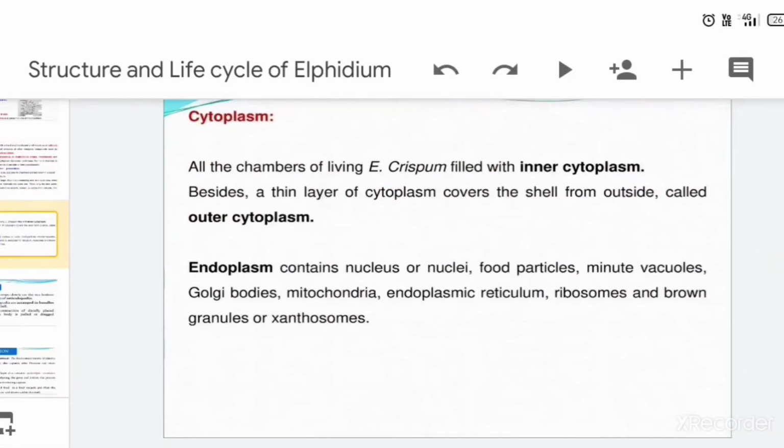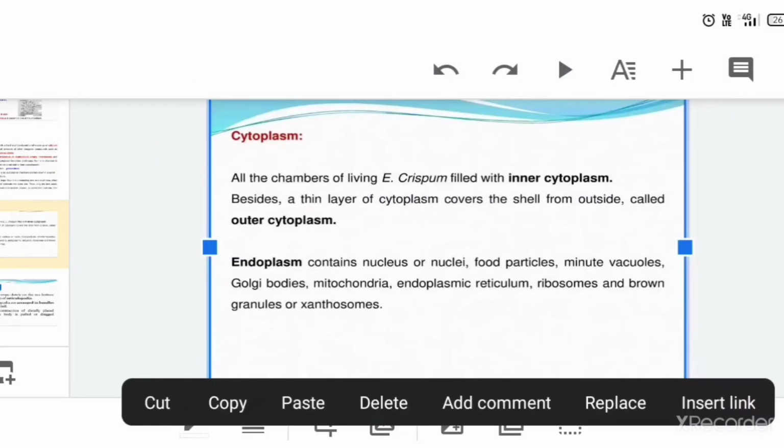If we look at the cytoplasm of Elphidium, all the chambers are filled with inner cytoplasm. The cytoplasm is granular in Elphidium, and it consists of two parts, endoplasm and ectoplasm. If the cytoplasm comes out of the shell, then it is the ectoplasm. If the cytoplasm is present inside the cell, there are xanthosomes.